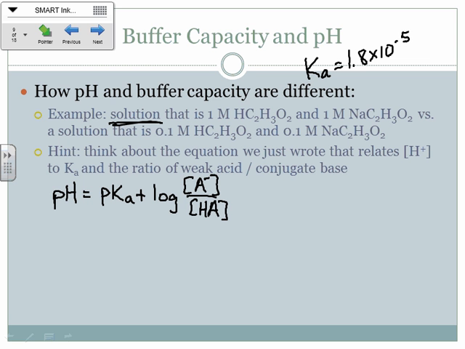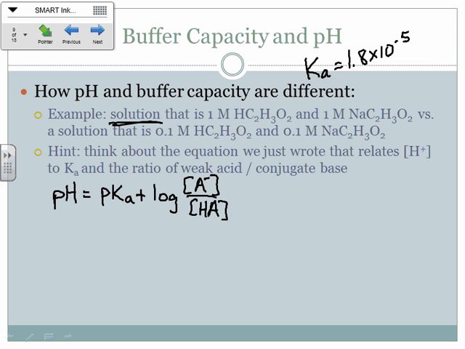What's my acid concentration of that first one? 1. They're equal, which means the log of A minus over HA cancels out, so pH equals pKa for that first one. So all I have to do is find the pKa.